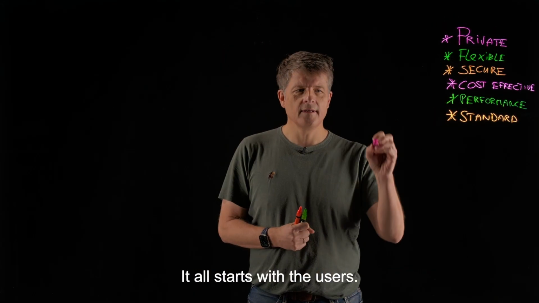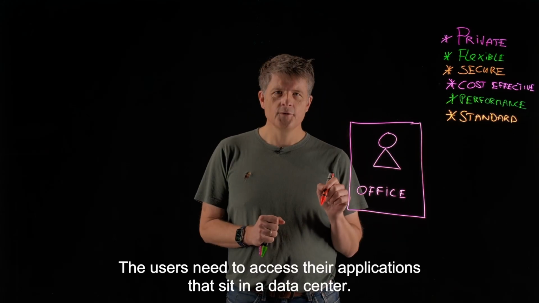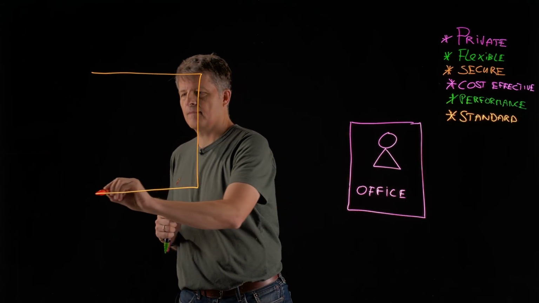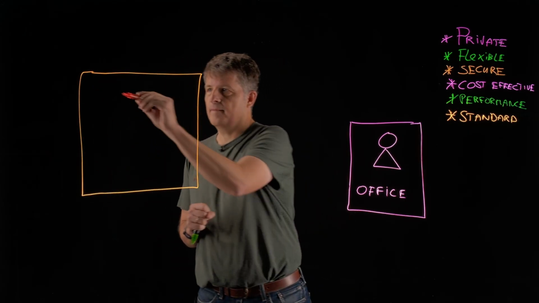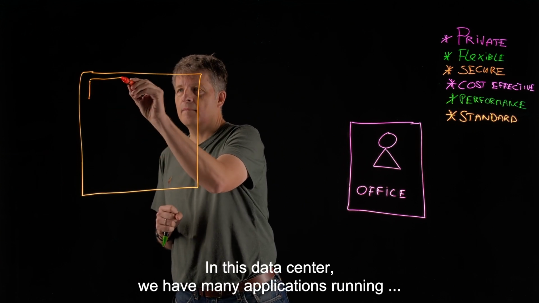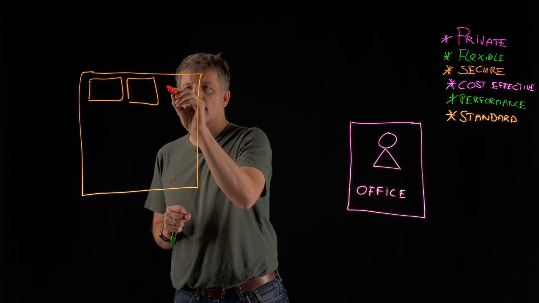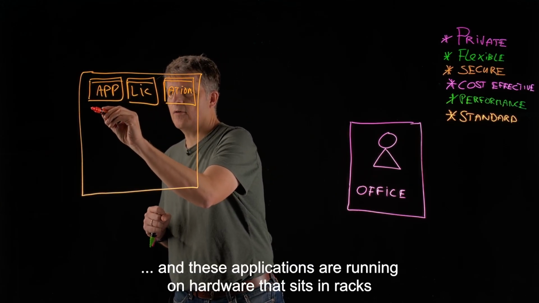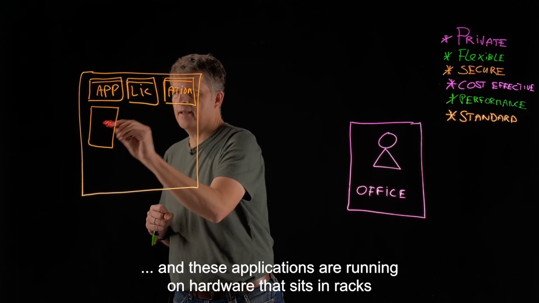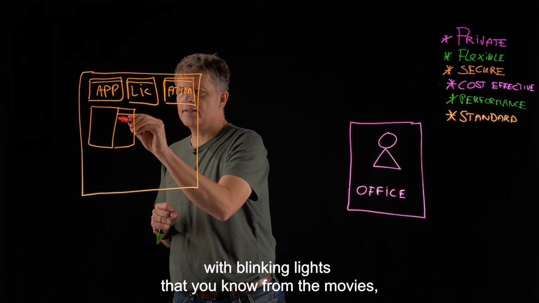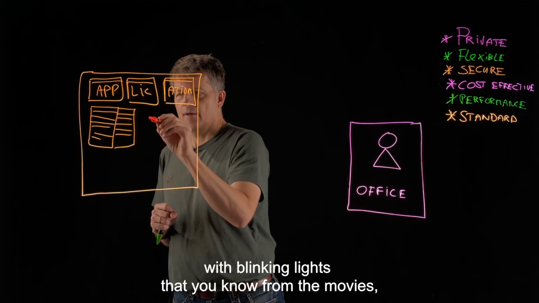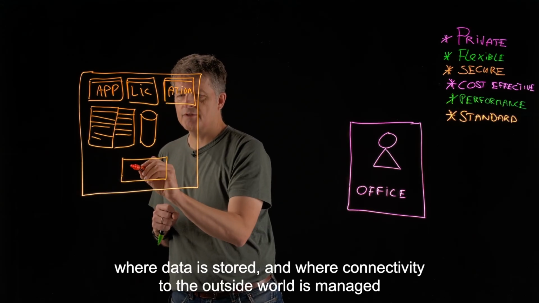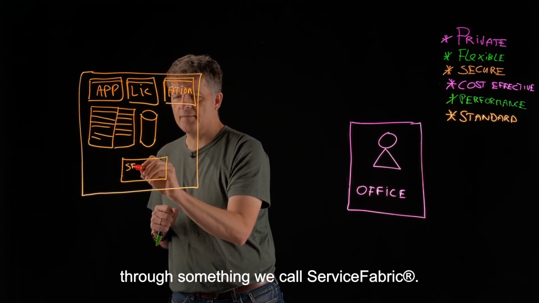It all starts with the users. The users need to access their applications that sit in a data center. In this data center, we have many applications running. And these applications are running on hardware that sits in racks with blinking lights that you know from the movies, where data is stored and where connectivity to the outside world is managed through something we call ServiceFabric.